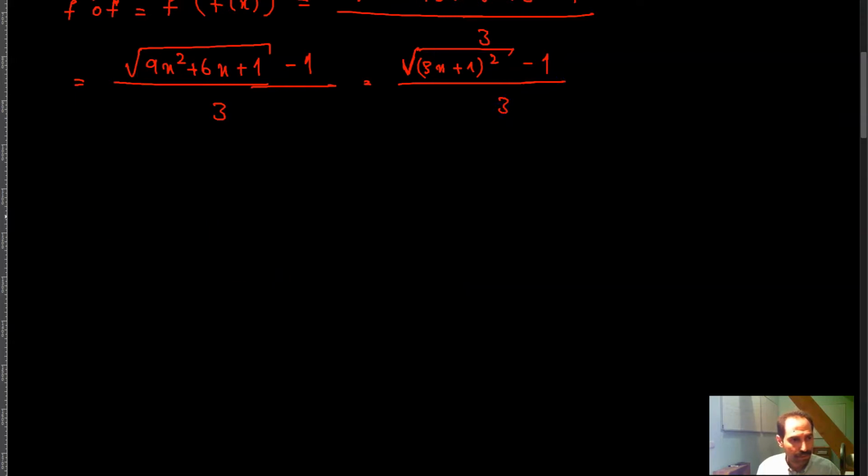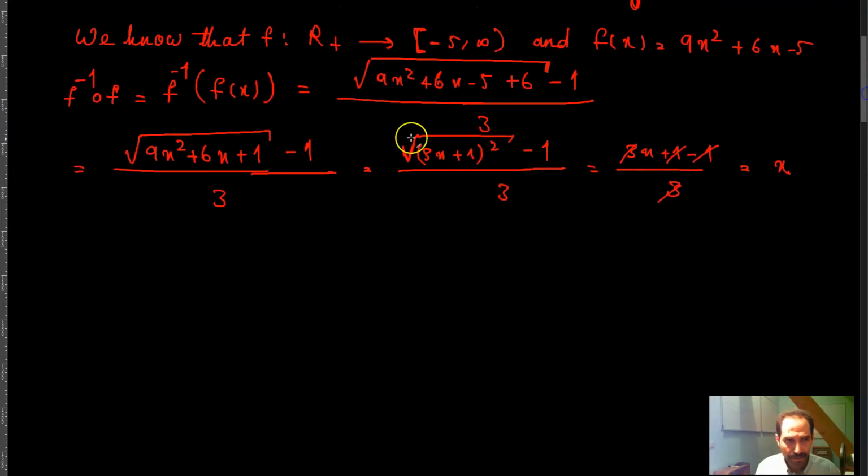And since 3x plus 1 is a positive value, you can write the square root of (3x plus 1) whole squared as 3x plus 1. And you have a negative 1 over here, you have a 3 over here, these two will cancel out, and this is equal to x.